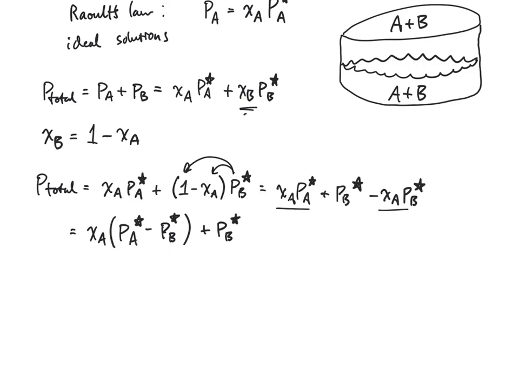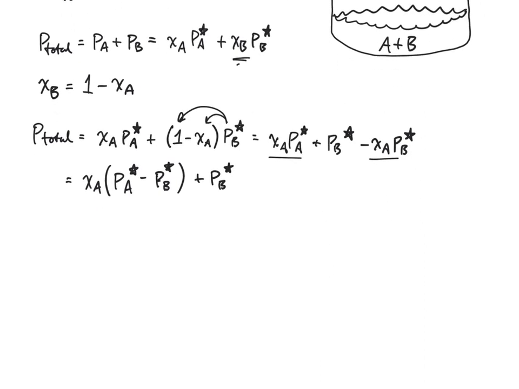Okay, then that's actually a significant result right there, and we're going to come back to it. This is one of those equations that is there in your book that's going to come in handy, especially when we start making phase diagrams of mixtures.